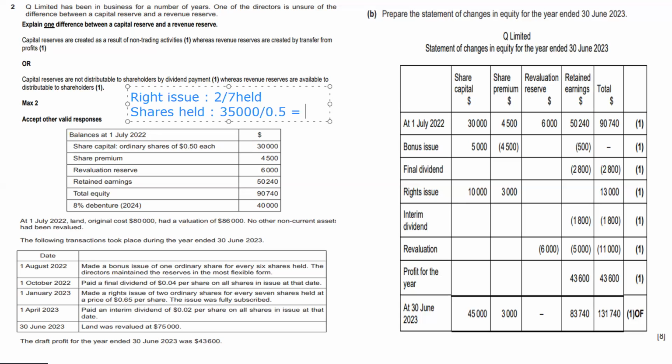Wait, what is the number of shares held? 30,000 divided by 0.5, 60,000. 70,000 shares, what are you telling? 30,000 divided by 0.5 is 60,000. Please read. Okay.